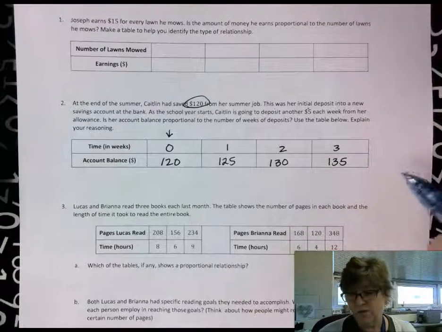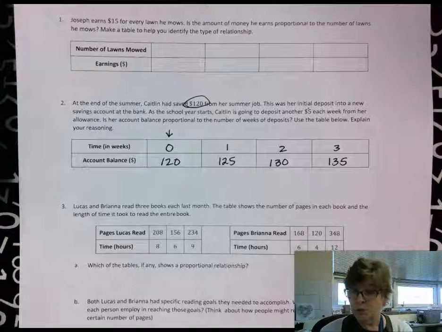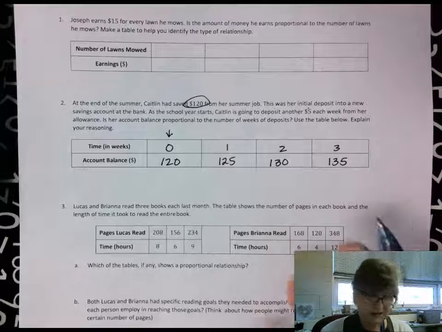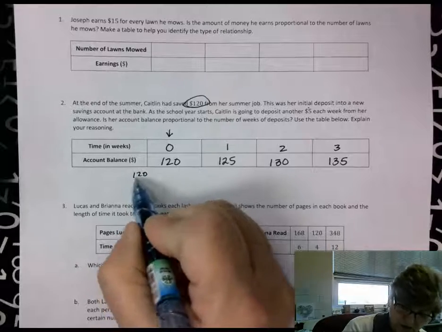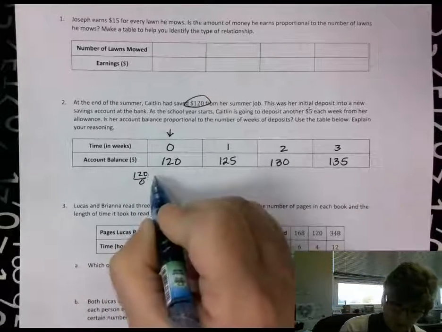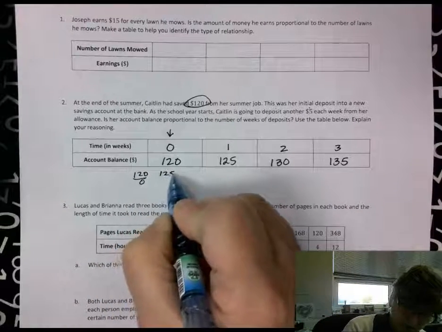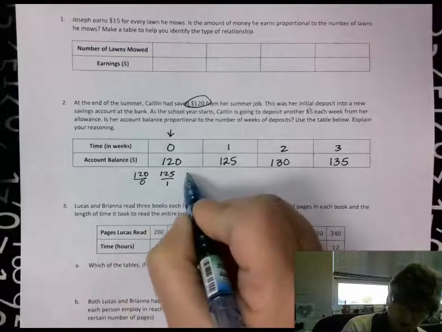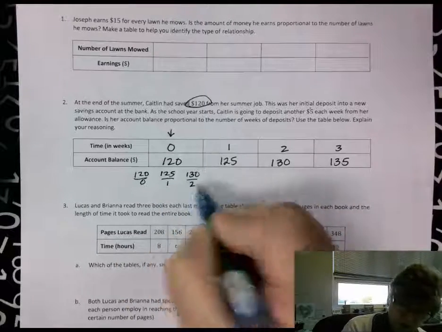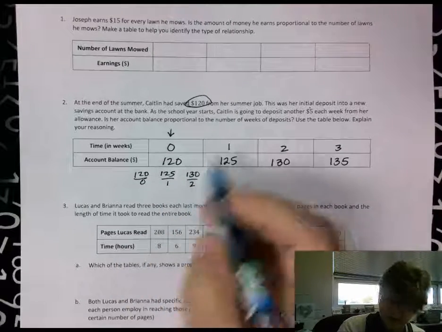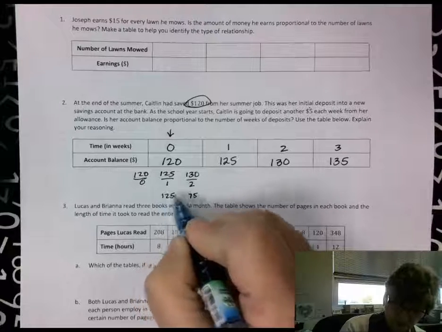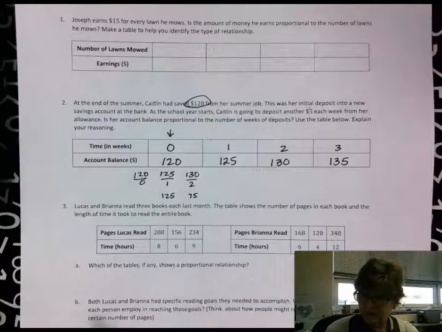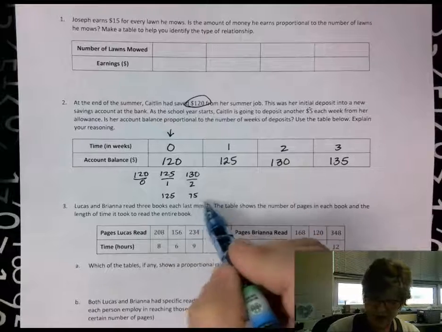Now to check and see if her account balance is proportional, we're going to go back and take a look at our ratios. So 120 to 0, 125 to 1, 130 to 2. Notice that would be 75. This would be 125. Okay, so obviously these are not equal.